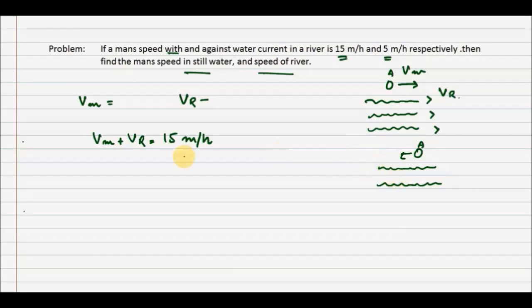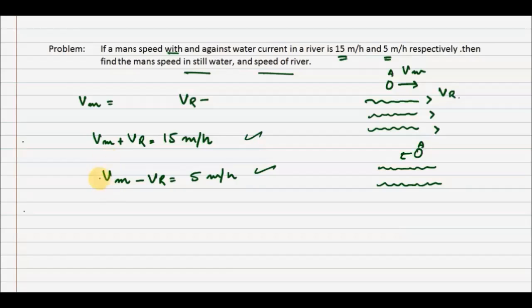So it is Vm minus Vr, since he is traveling in the opposite direction, which is why I have used a minus sign, indicating that the velocities of Vm and Vr are opposite. This will be equal to 5 meters per hour. These are the two equations.